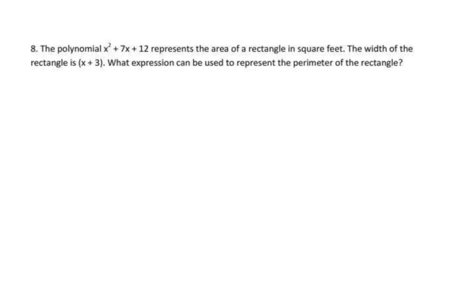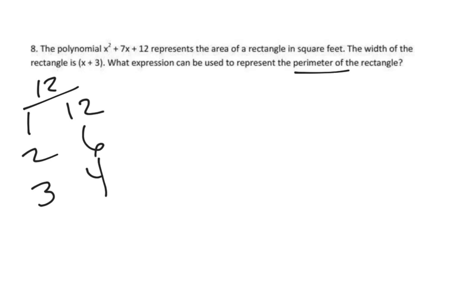Number 8, the polynomial x squared plus 7x plus 12 represents the area of a rectangle in square feet. The width is x plus 3. What expression can be used to represent the perimeter? Before we can find the perimeter, we need to know what the length is. So we're going to factor this. Factors of 12 are 1 and 12, 2 and 6, 3 and 4. Signs are the same. They're all positive.